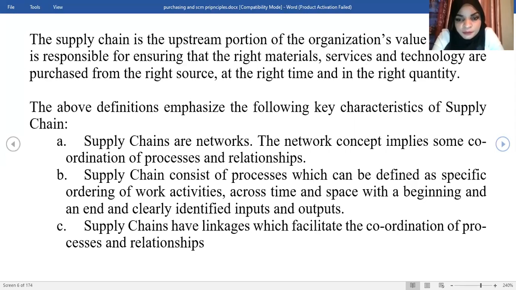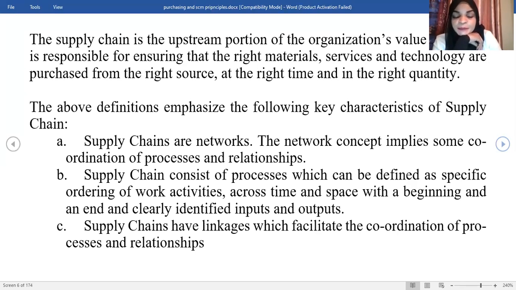For example, inputs like material, labor, machines, and finances that an organization has. All that put together means supply chain is going to be successful. And at the end of the day, you'll have the output that you want. In this sense, the output is customer satisfaction and customer service. Once you get that output, it means you are successful as a supply chain.